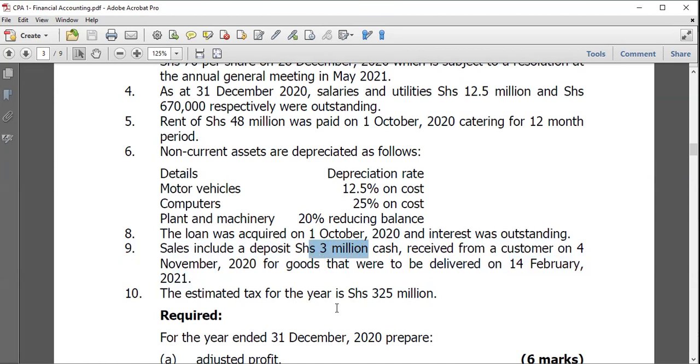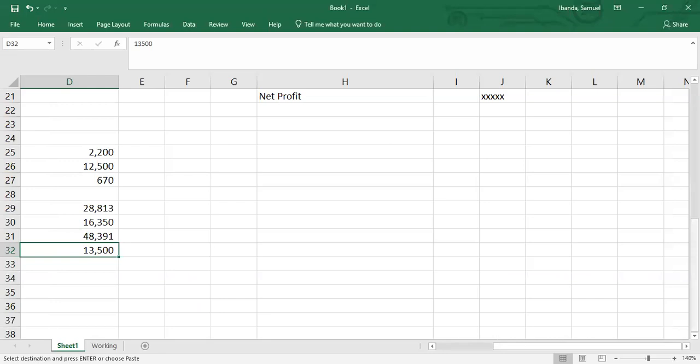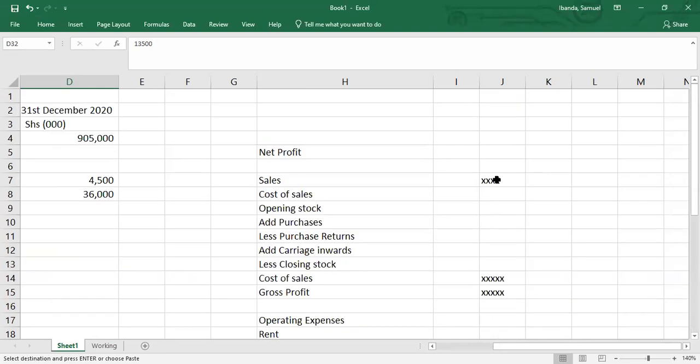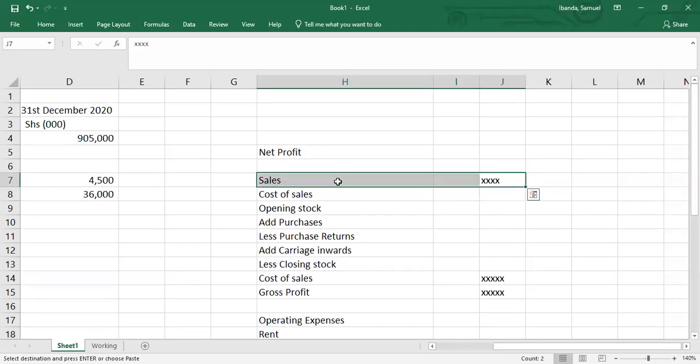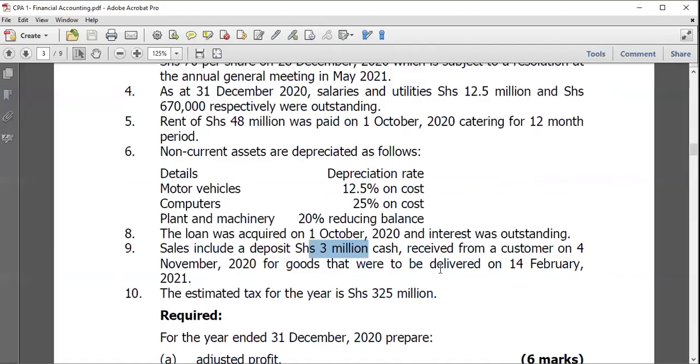So I'm going to come back to my analysis here, and I'm going to ask myself, how do sales affect my profit at the end of the day? The higher the sales, the higher the profit, okay? Every time sales go down, it means that my profit will also go down. So in this case, since we have a 3 million sale that is supposed to relate to the next financial year, this is like a deferred income, okay?